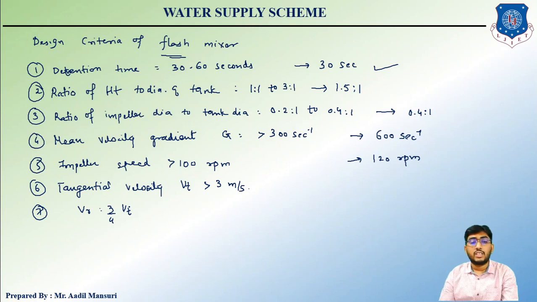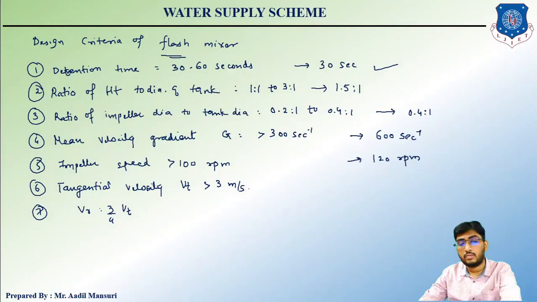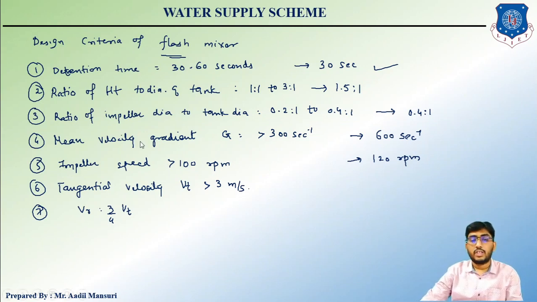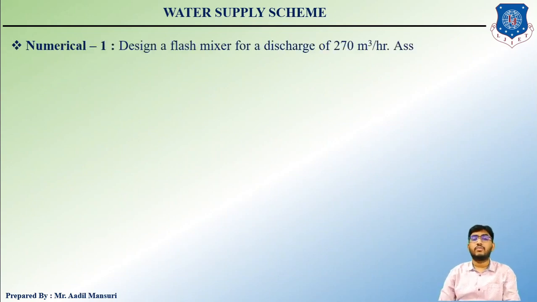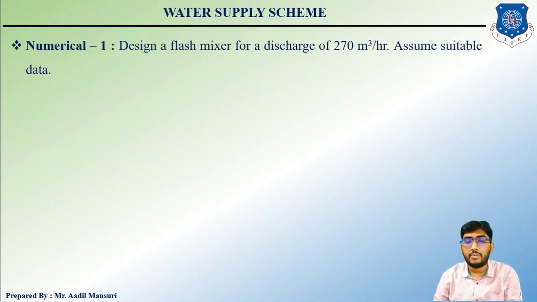So these are the design criteria for flash mixer. We will now solve the design example of flash mixer. Let us start with the numerical. Numerical says, design a flash mixer for a discharge of 270 meter cube per hour and assume suitable data.